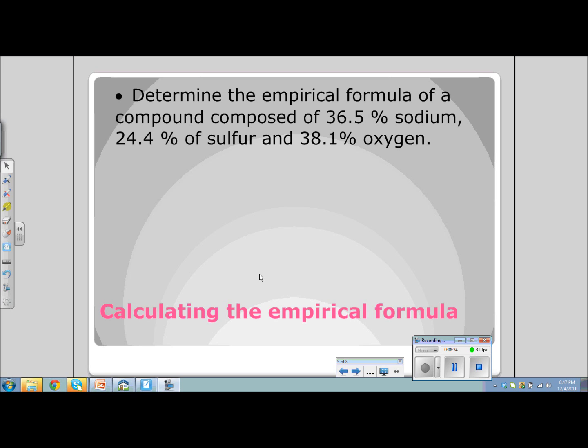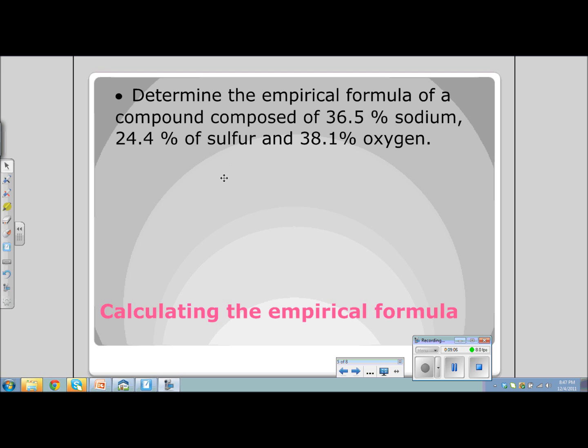All right, in this problem, we're going to determine the empirical formula of a compound composed of 36.5% sodium, 24.4% sulfur, and 38.1% oxygen. Since percent is based on 100%, we can convert the percentage signs to grams and base it on 100 grams of the compound.